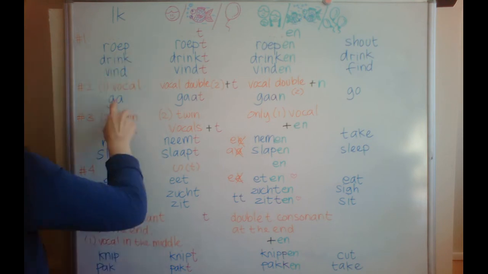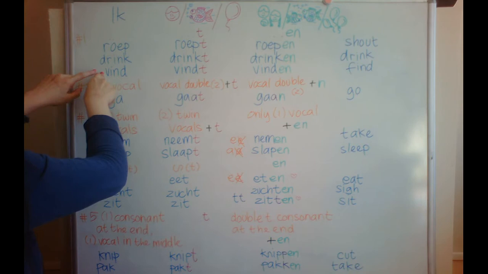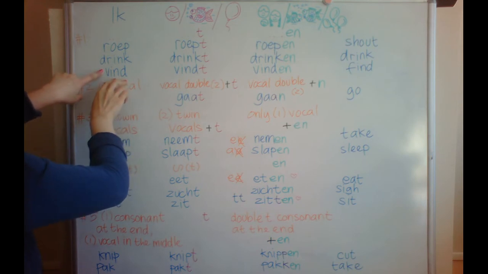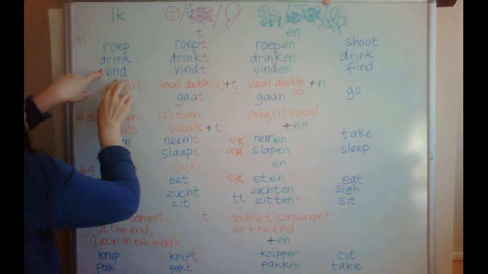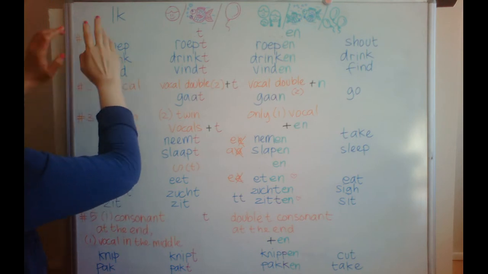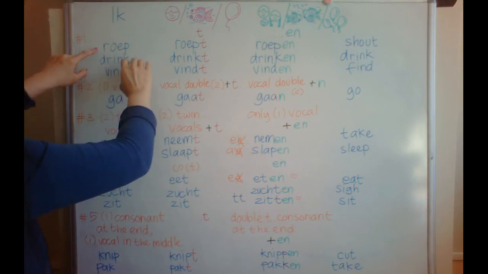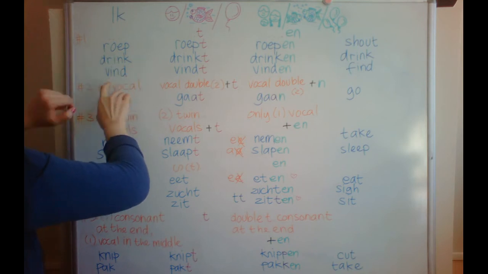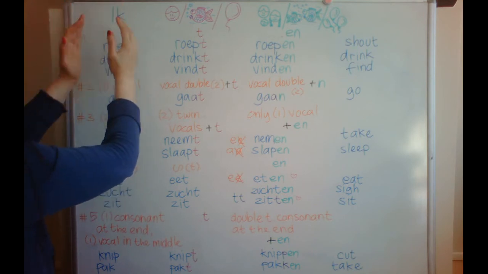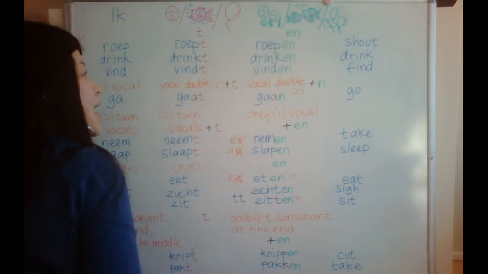Or one vowel in the middle, with one consonant at the front and two consonants at the back. If it's like this, you just have to put t, or en.